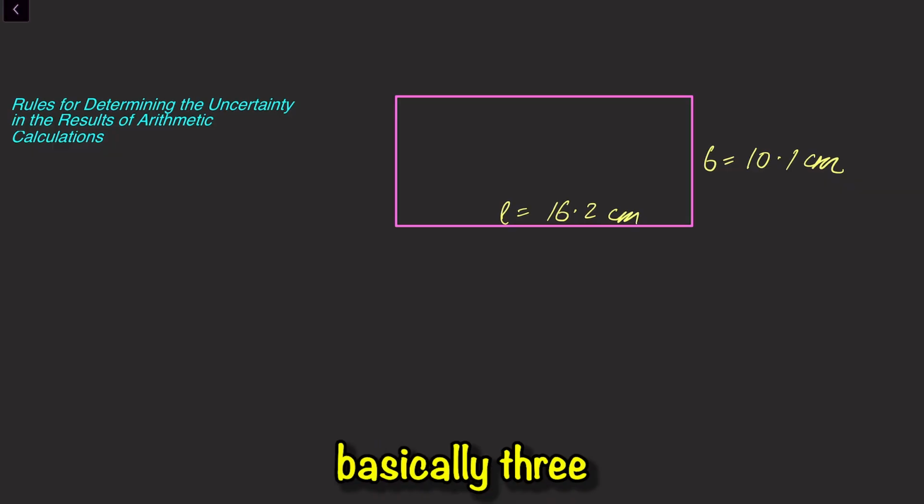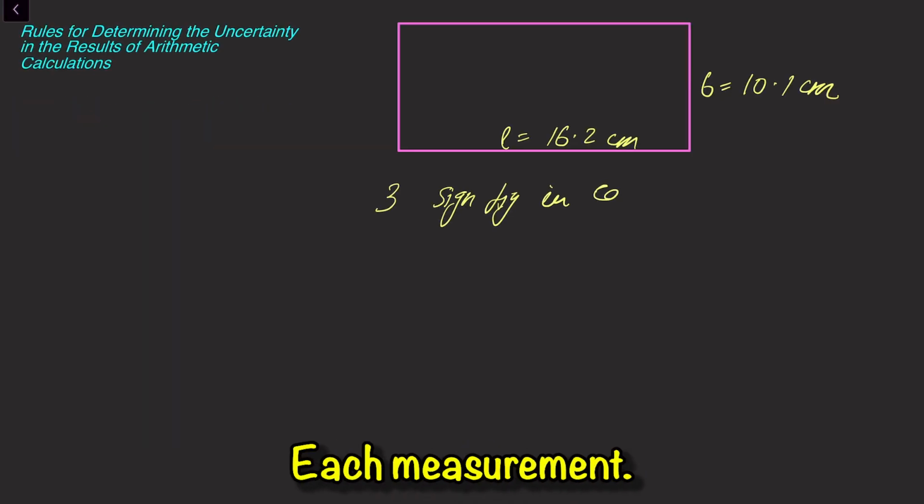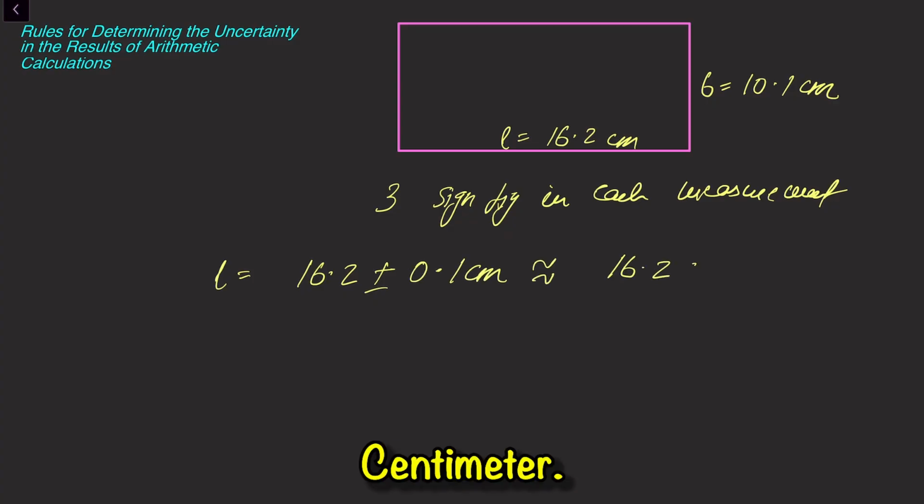So we have basically three significant figures in each measurement, right? So length can be written as 16.2 plus minus 0.1 centimeter or 16.2 centimeter plus minus 0.6%.